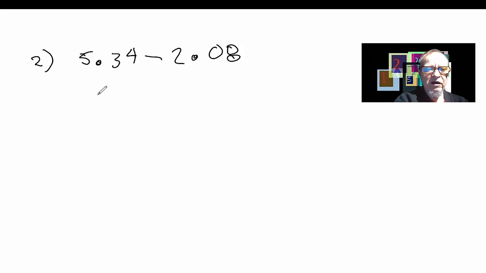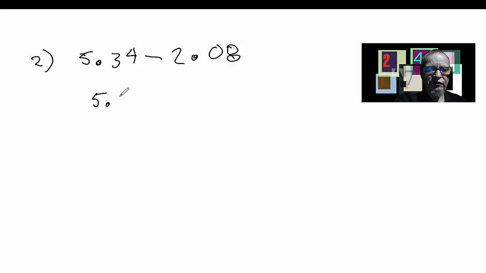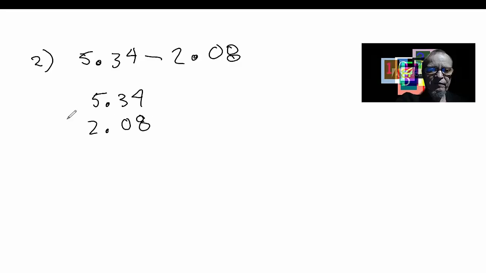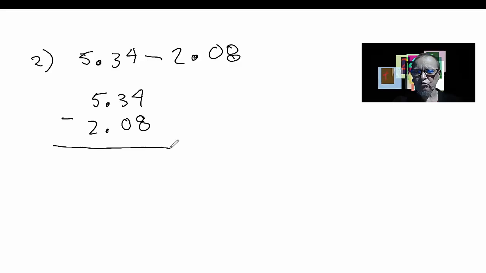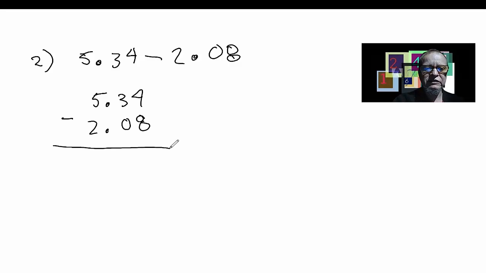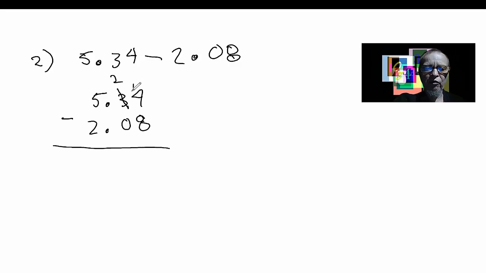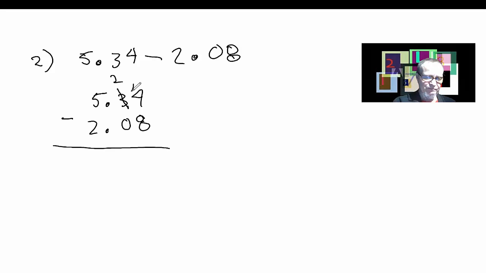Again, we put the first one on the top, lining up the decimals, and the second one on the bottom, and subtract. And we subtract as usual, like I did in the previous example. I have 4 minus 8. Well, we can't do that, so we have to borrow from here, and we have 14 minus 8.